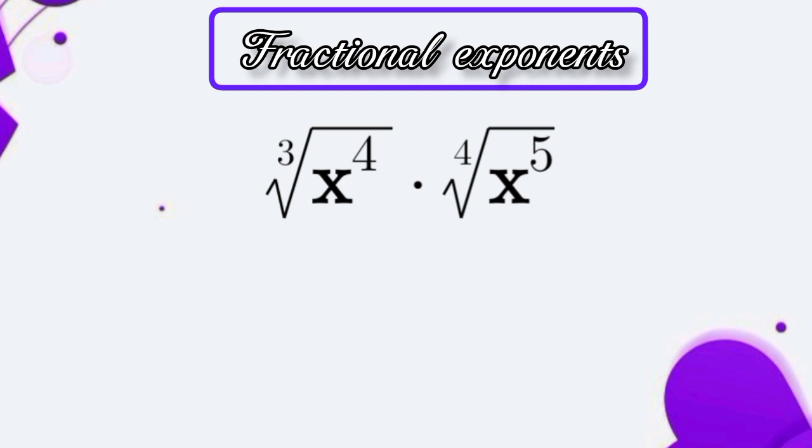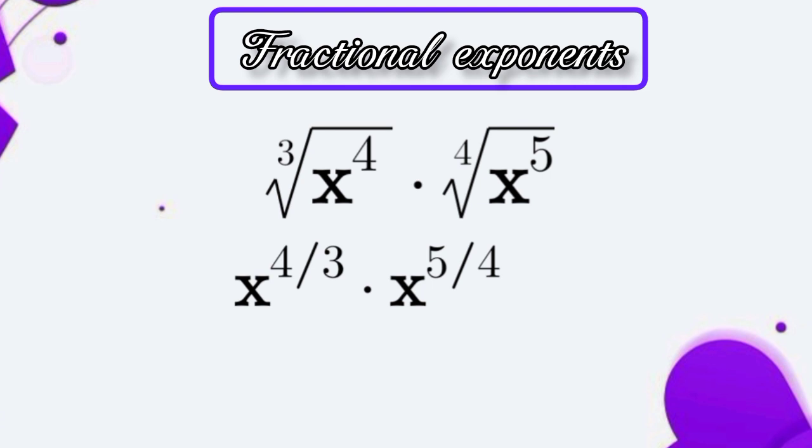But in this case, we have different index numbers, which is 3 and 4. So we're just going to go ahead and write it just as we did before. So writing it, we have x to the power 4 over 3 multiplied by x to the power 5 over 4.